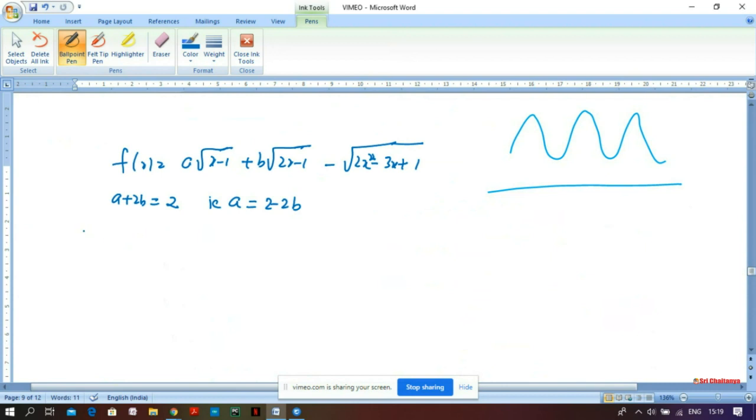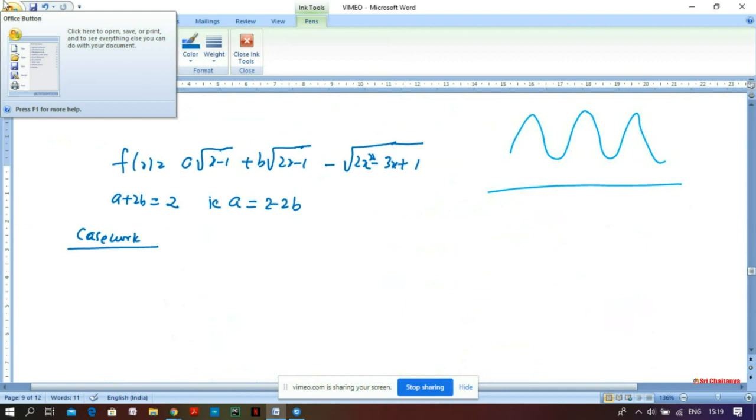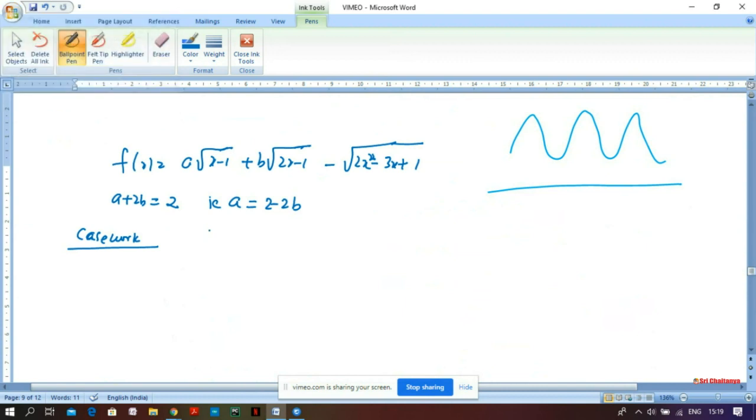Now I'll do what is called casework. This is a technique of maths: whenever you have branches, we say let us divide the problem into cases.